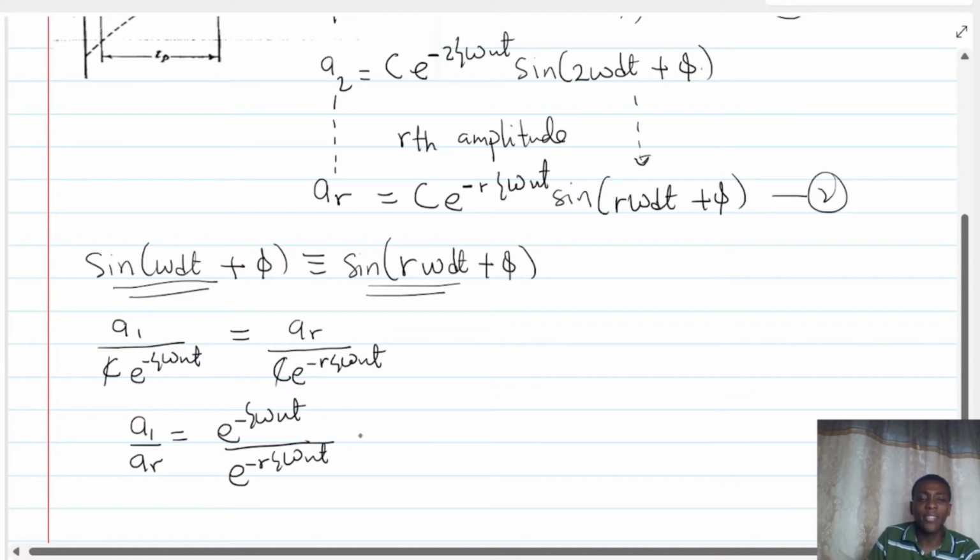And in fact, this is the same as e^(-ζωn t - (-rζωn t)).